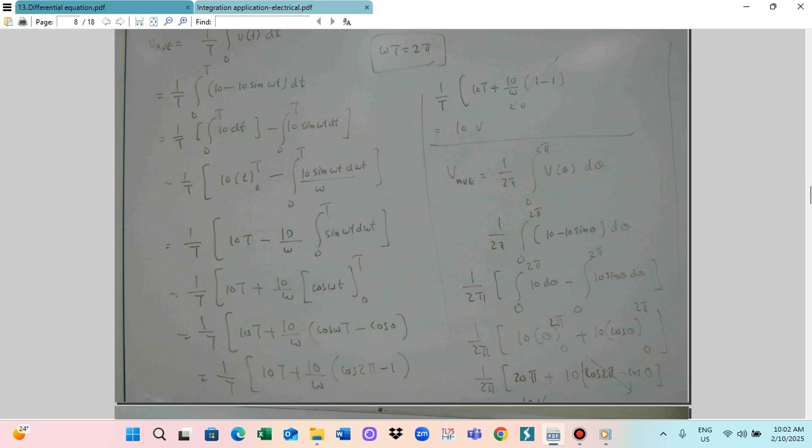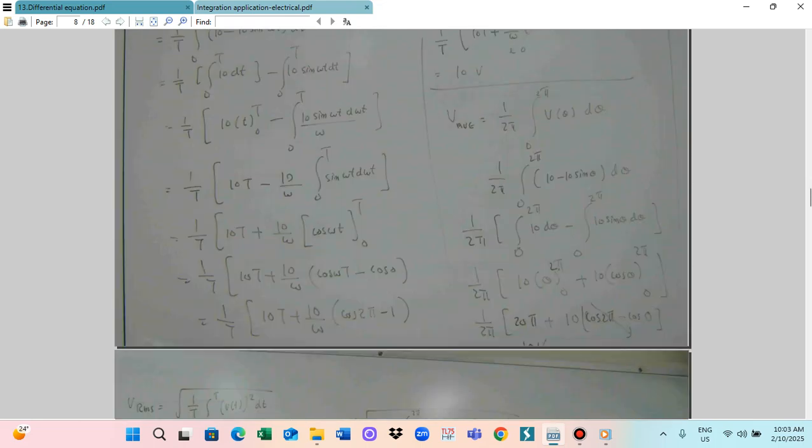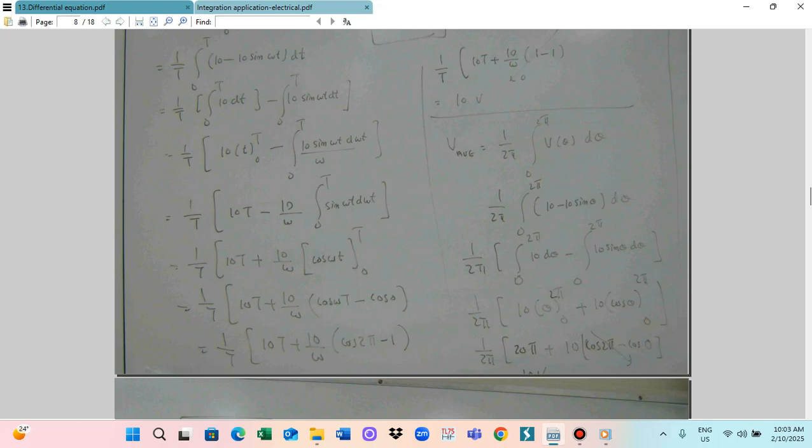So this becomes 1 by 2 pi, 10 pi plus 10, cos 2 pi minus cos 0. So cos 2 pi is cos 360 degree, you calculate, this is 1. Cos 0 is equal to 1. So the whole thing will be cancelled.